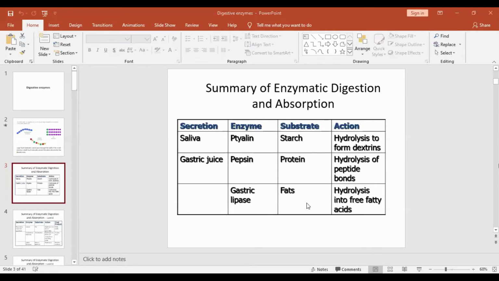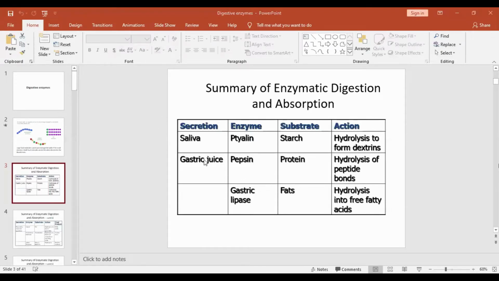The lipase helps with the digestion of fats, causing hydrolysis of fats into glycerol and free fatty acids. Generally, fat consists of triacylglycerol, and for that purpose the gastric lipase is there.